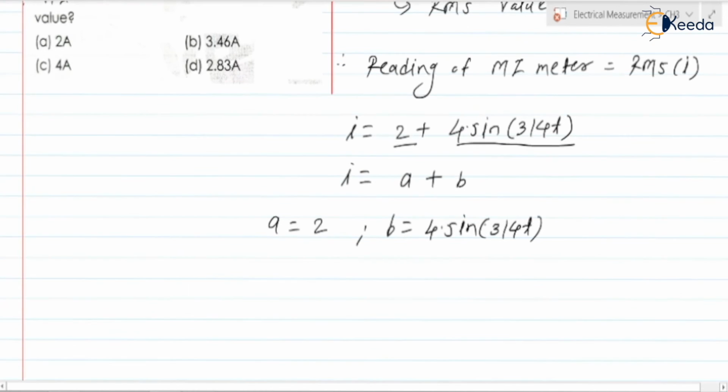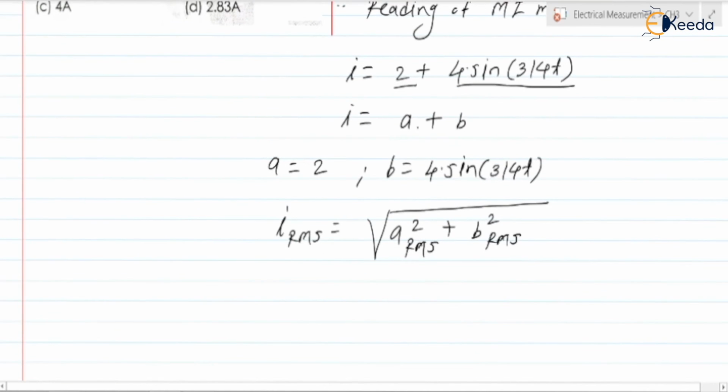Always remember this while finding the RMS value of this term: I RMS is equal to under root A RMS square plus B RMS square. So we need to find A RMS and B RMS.